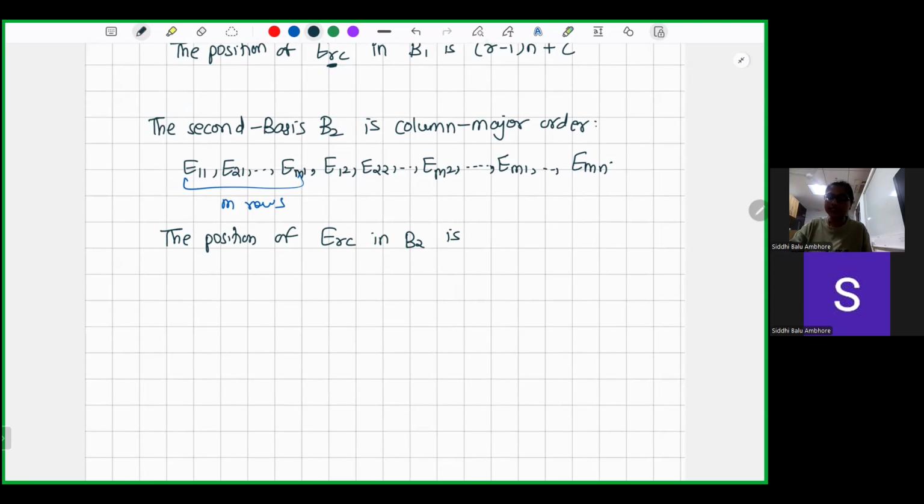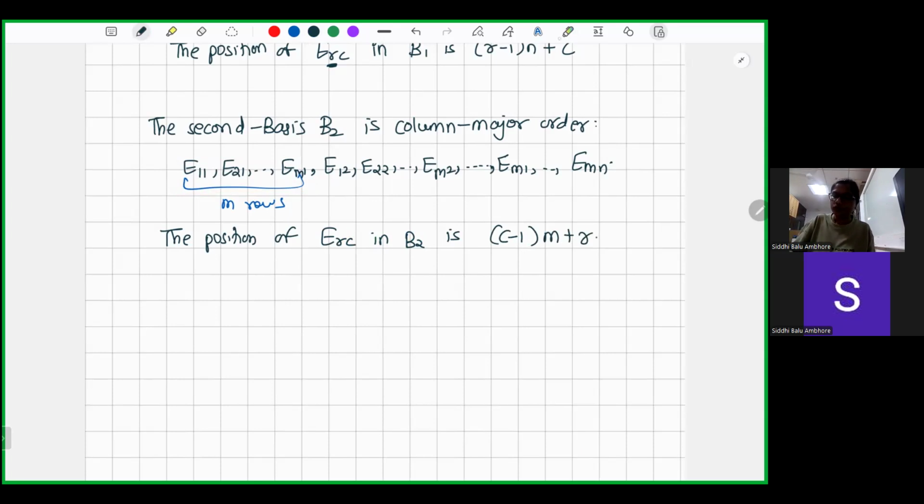So the C is changing. So first we have M rows. So when I have to move, this will be C minus 1 M plus R.